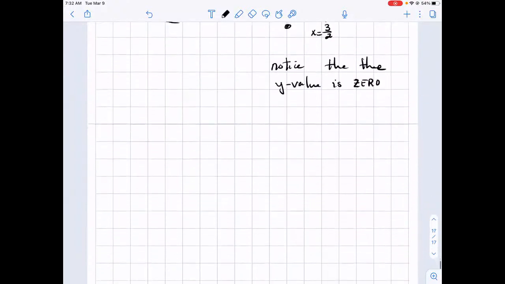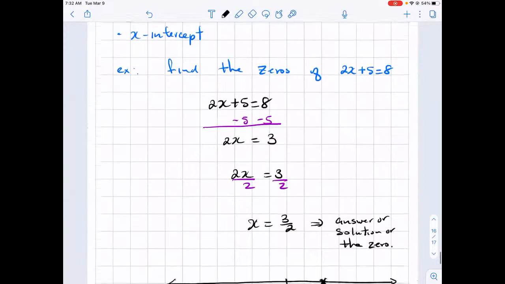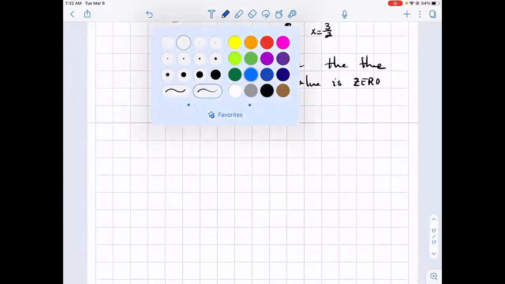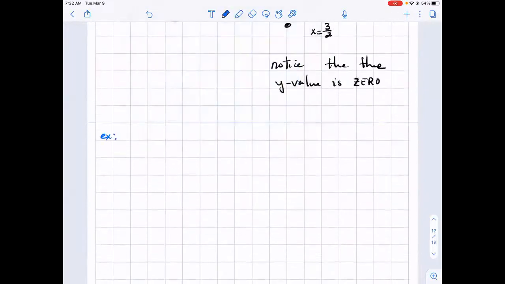You will notice for quadratics, if we have another example, find the zeros of f of x is equal to x squared plus 7x plus 12.